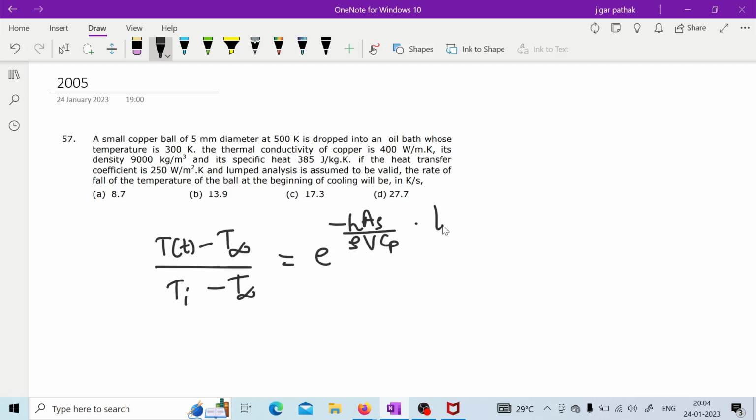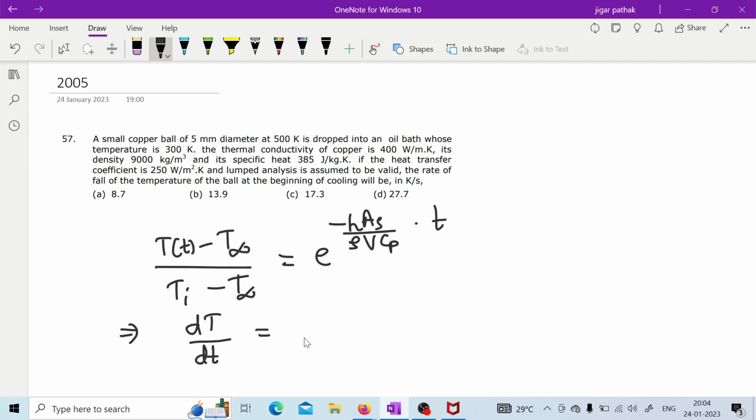Yeah, so first you can use this equation, right? And what you have to do is write it in terms of this differential equation, dT by dt.